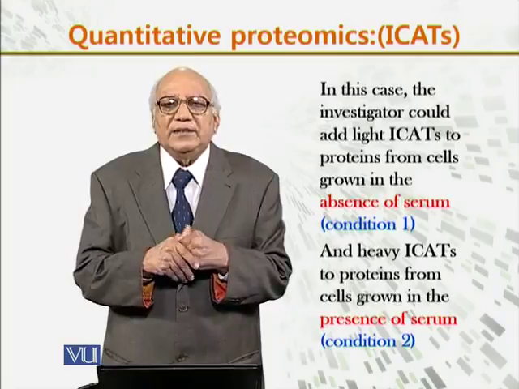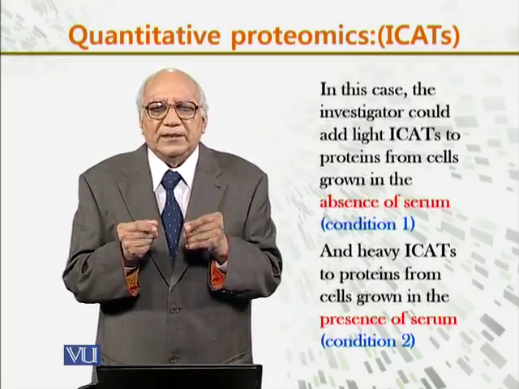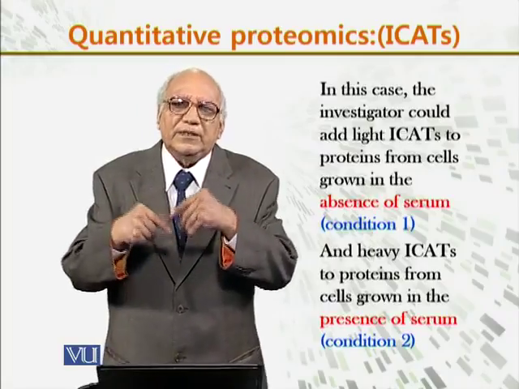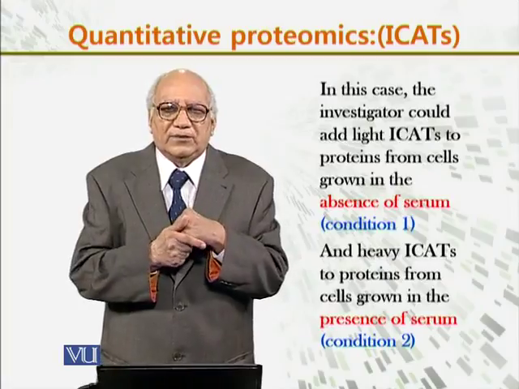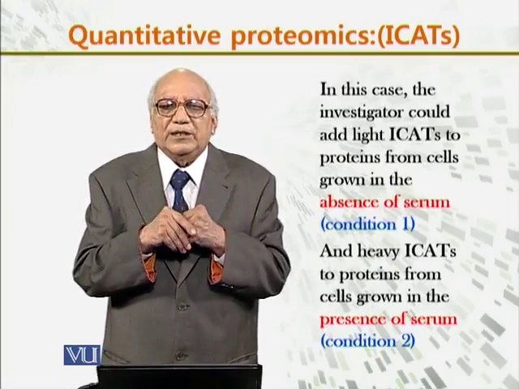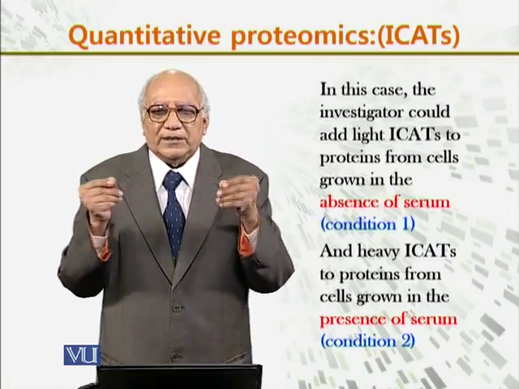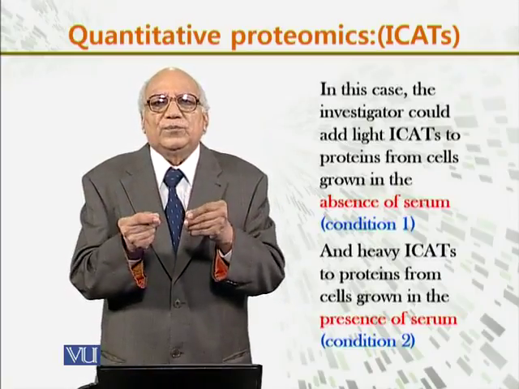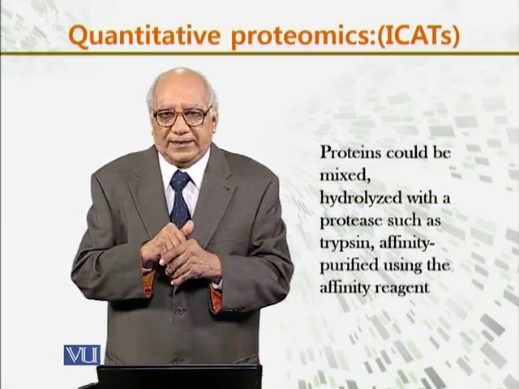Now, in this case, the investigators or scientists could add light ICATs to the protein from the cells grown in absence of serum. That was condition 1, which I mentioned. And heavy ICATs, which are heavier molecules, to the protein from the cells grown in the presence of serum, condition 2. So those are the two, how they are added.